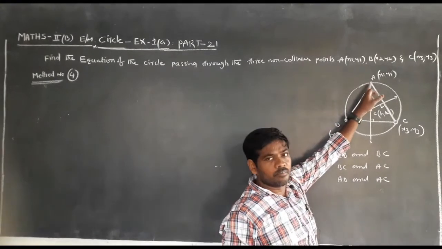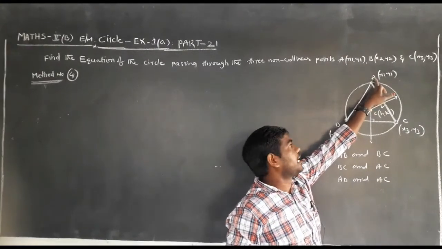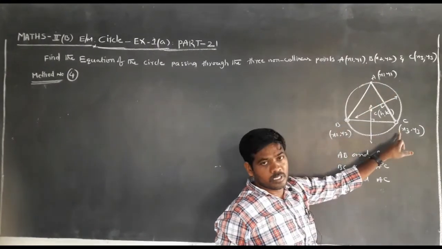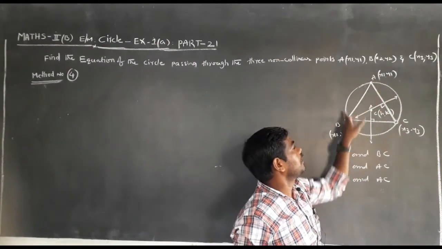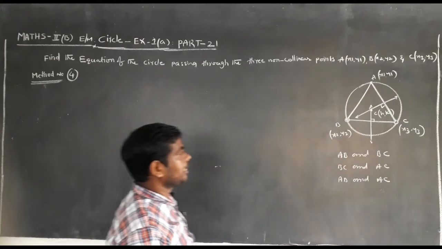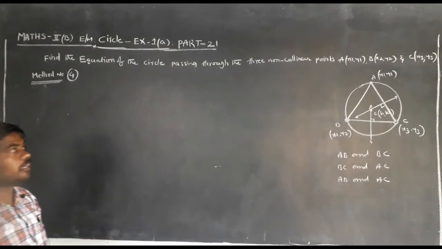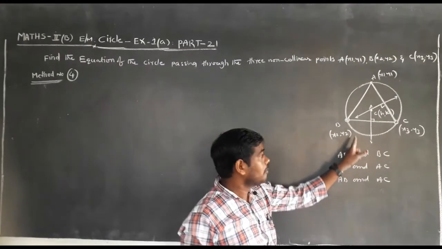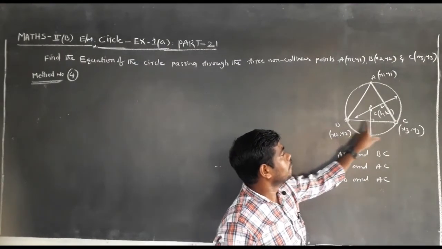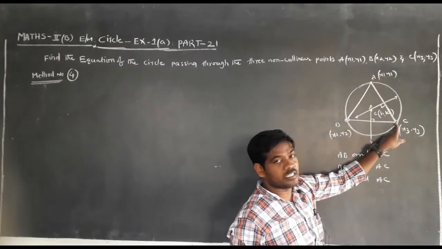First of all, we find any two sides: AB, BC or BC, AC or AB, AC. Again find the perpendicular bisectors of the sides BC and AC.